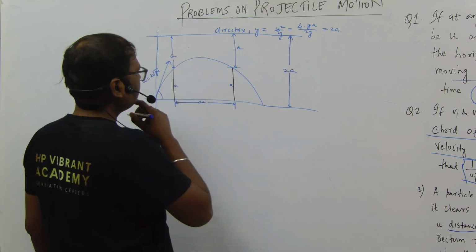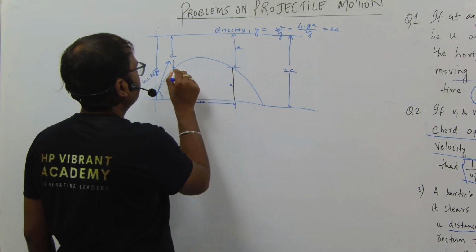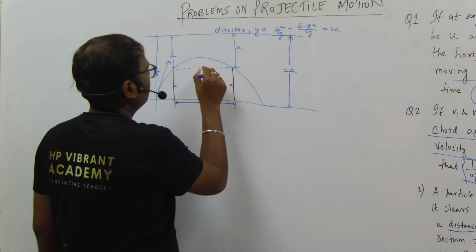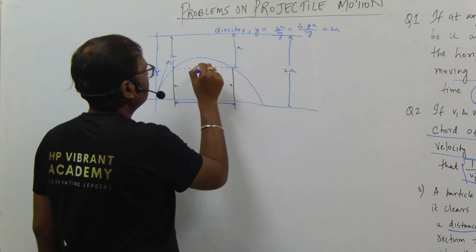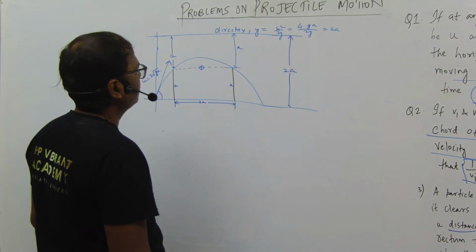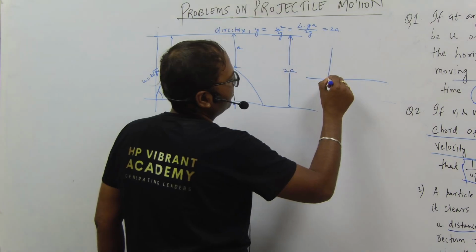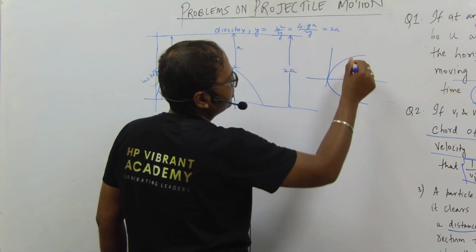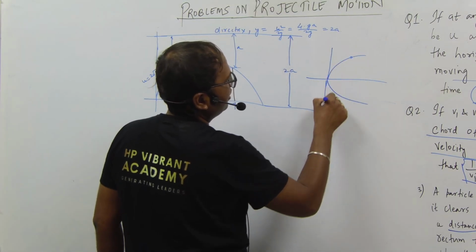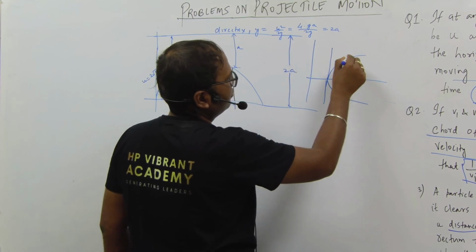Okay, so let us identify the position of the focus. The focus is at a distance of a from the horizontal axis. So let us take this point as the focus. What is the property of the parabola? The distance of a point on the parabola from the focus is equal to its distance from the directrix.